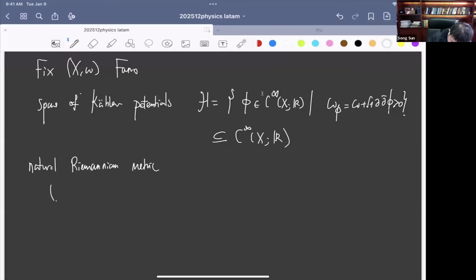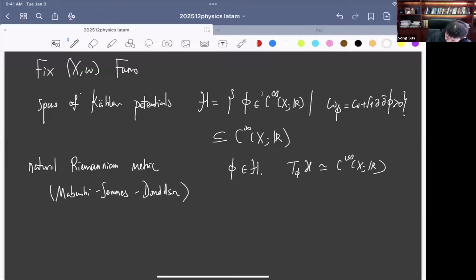It was introduced by Mabuchi, Semmes, and Donaldson independently, but at different times. So it's natural. If you take a phi in H, the tangent space at phi is identified with smooth functions, because this is an open set.